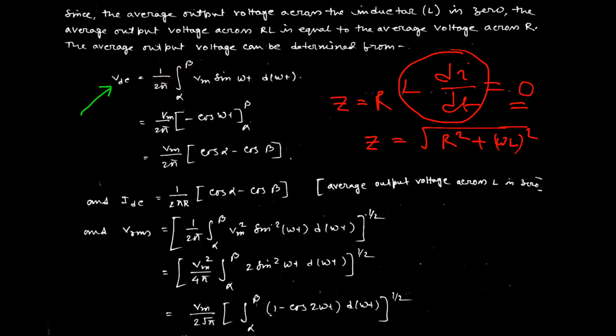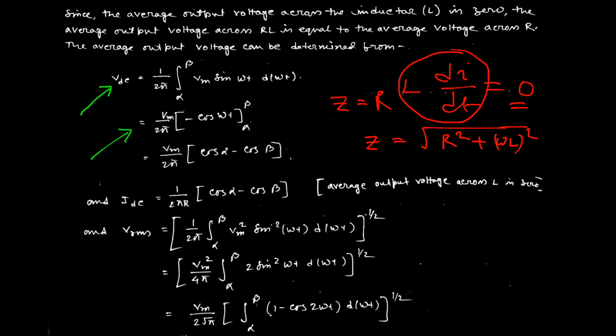And this peak is actually confined from alpha to beta, right? It starts from alpha and continues up to beta. That is why we integrate from alpha to beta, with the voltage expression taken from the supply voltage, Vm sin omega t dt. This is the complete expression to calculate the average output voltage. After simplification, it is Vm by 2 pi times the integral of sin omega t, that is minus cos omega t, with lower limit alpha and upper limit beta.